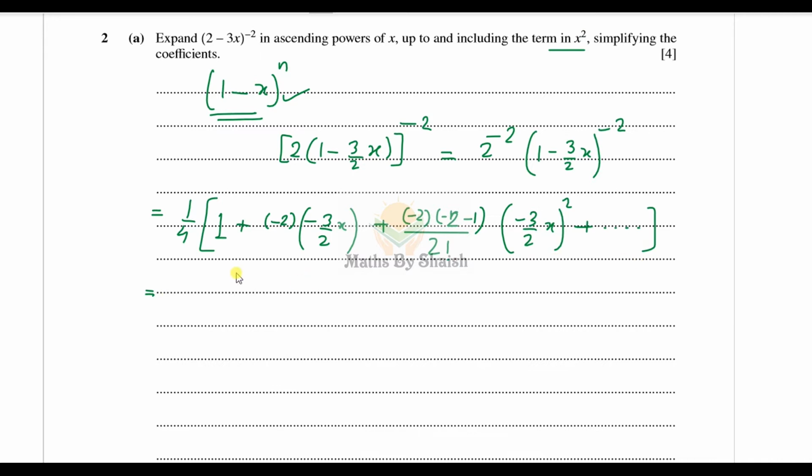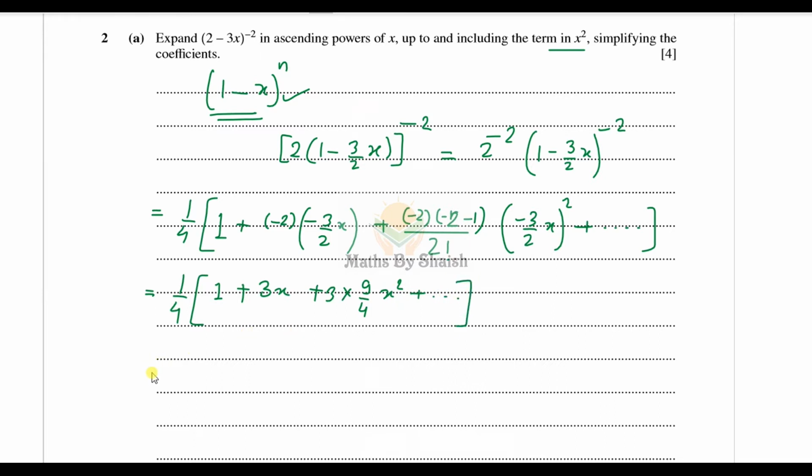Now it can be written as 1 by 4. I'll simplify it once again. 1 minus minus, plus 3x, because 2 will be cancelled, and it is minus 2 into minus 3, that is 6, and by 2 it is 3, so it becomes 3 times 3 by 2 squared, so 9 by 4, and x squared is x squared, and the rest we'll leave.